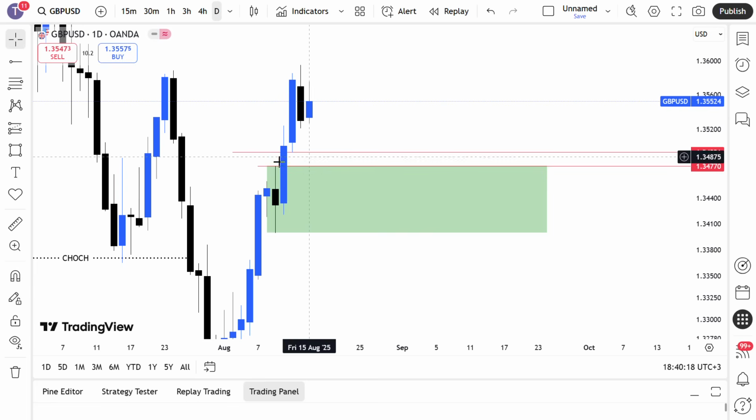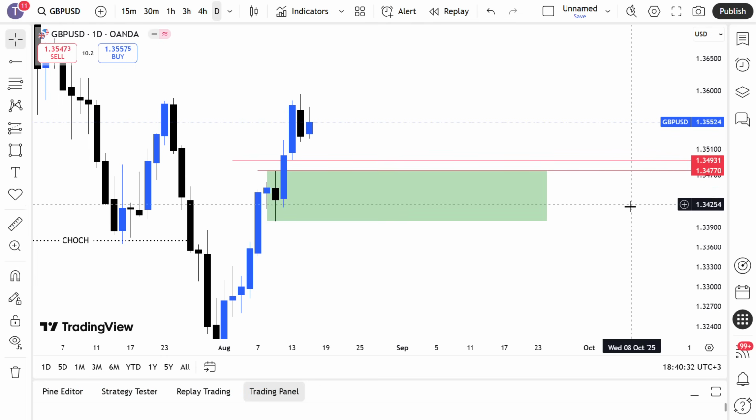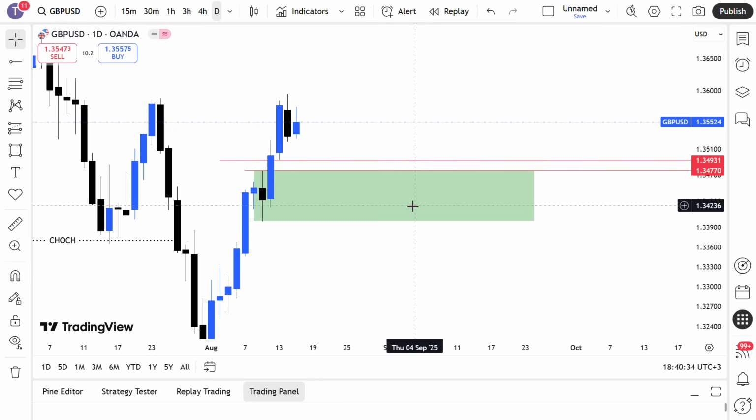You can see clearly the fair value gap, and we have this order block. So I expect price to pull back down, come into this order block, and then we can judge how price will be reacting from next week, from tomorrow as the market opens. So I expect the market to come back here.